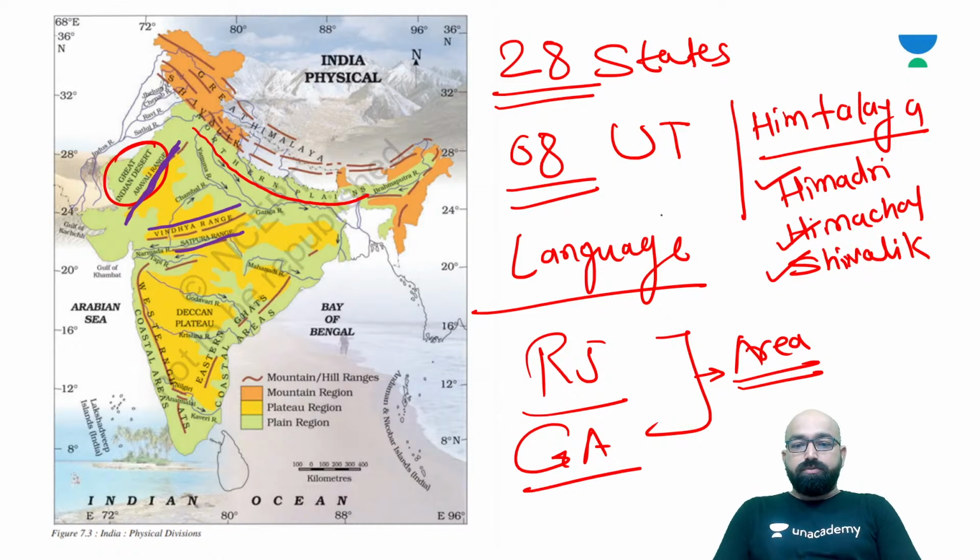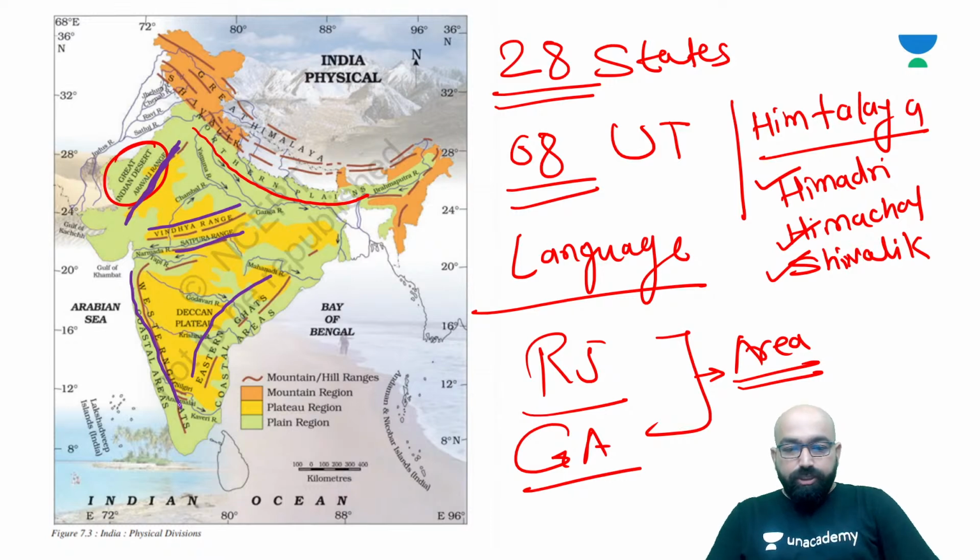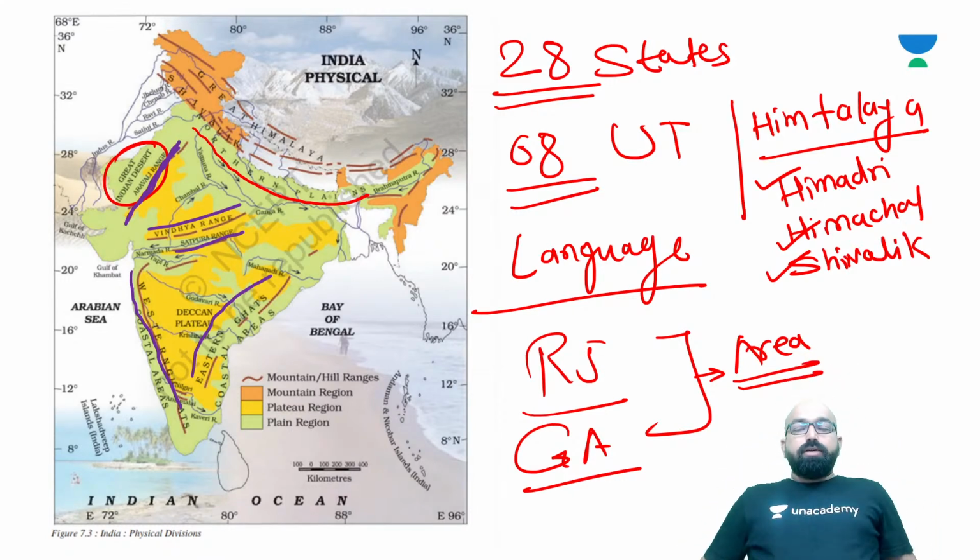While the Western Ghats are almost continuous, the Eastern Ghats are broken and uneven. This is the Eastern Ghats. This is the Western Ghats. Now, the plateau is rich in minerals like coal and iron ore.